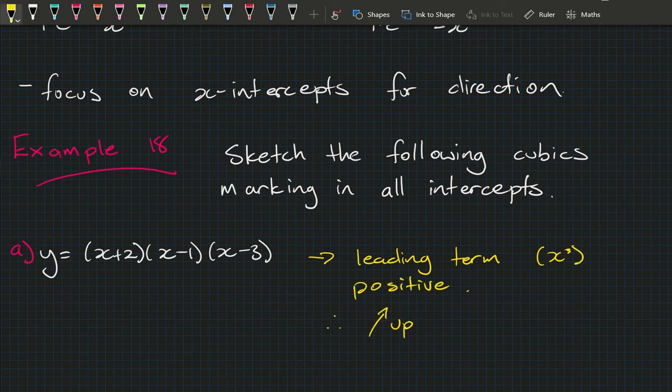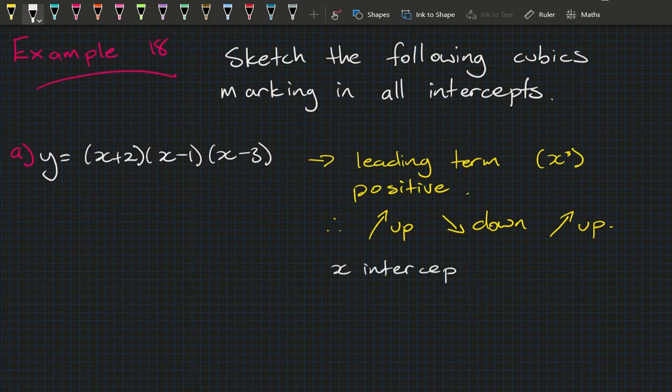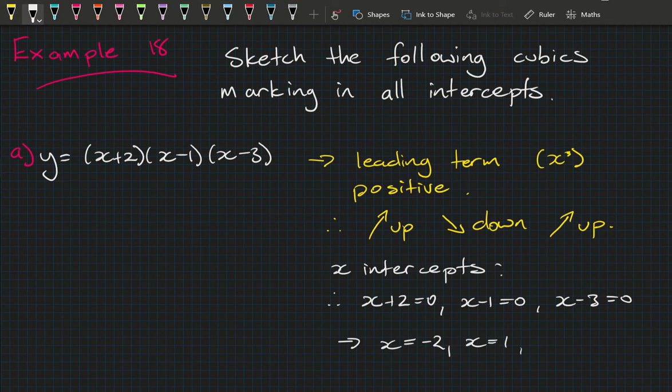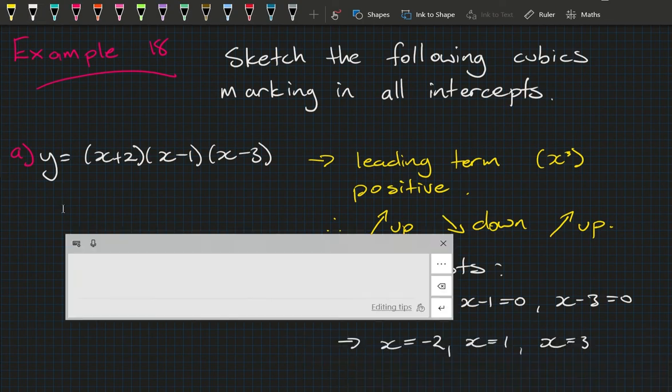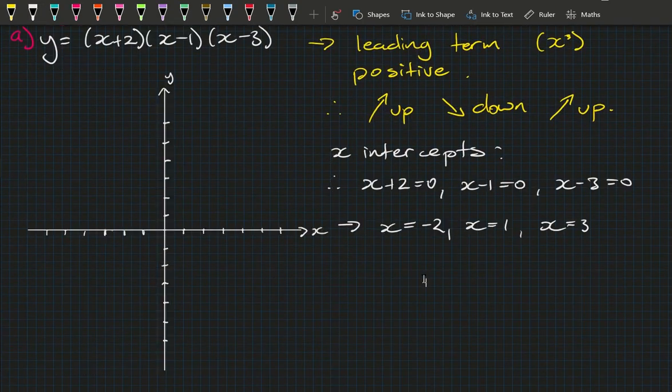So that will mean that we're going to do up, down and up, and that will be drawn where our x-intercepts are. For this cubic, that's where x plus 2 equals 0, or x minus 1 equals 0, or x minus 3 equals 0, which is the same as saying x is equal to minus 2, or x is equal to 1, or x is equal to 3. So let me paste in some axes for this cubic, and I can mark those in on the graph.